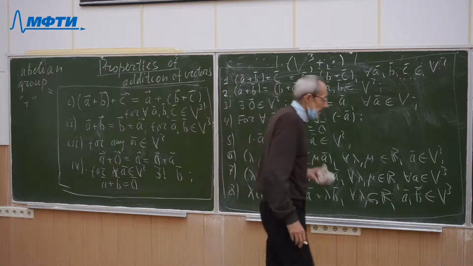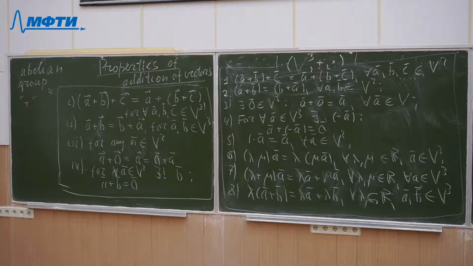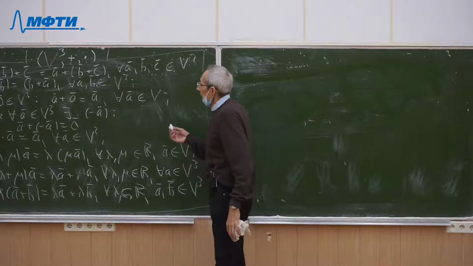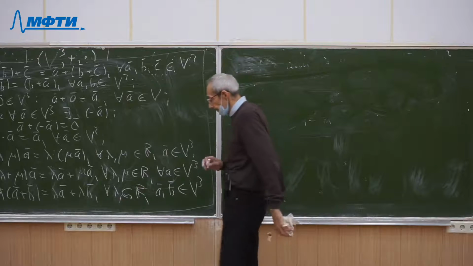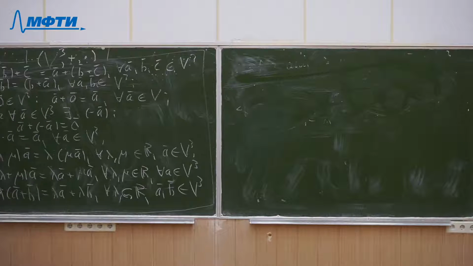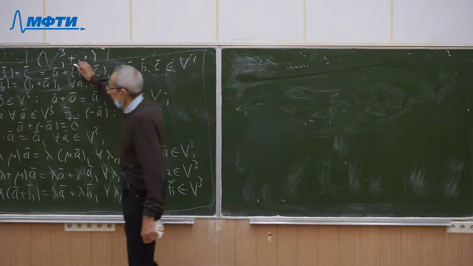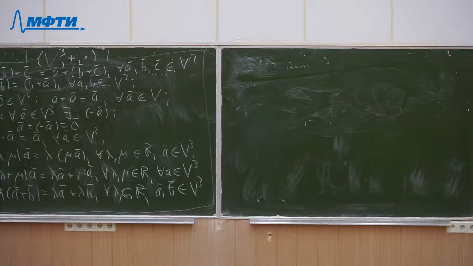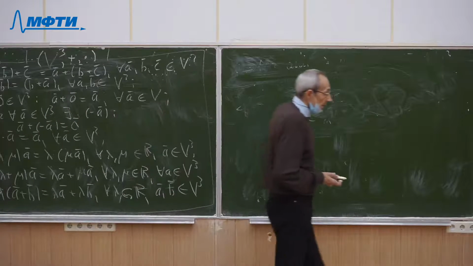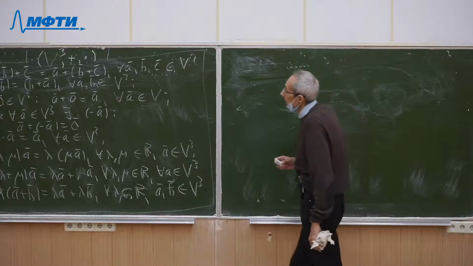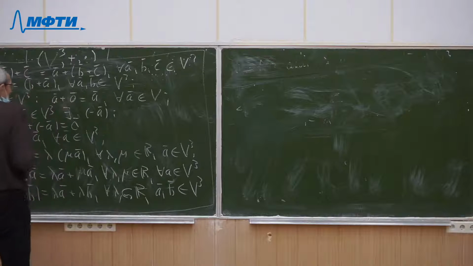Easy to see that if we restrict ourselves and consider some plane in the space, and we will consider only vectors which are parallel to this plane, the operations, addition and scalar product, applied to such vectors give us also vectors which are parallel to this plane.